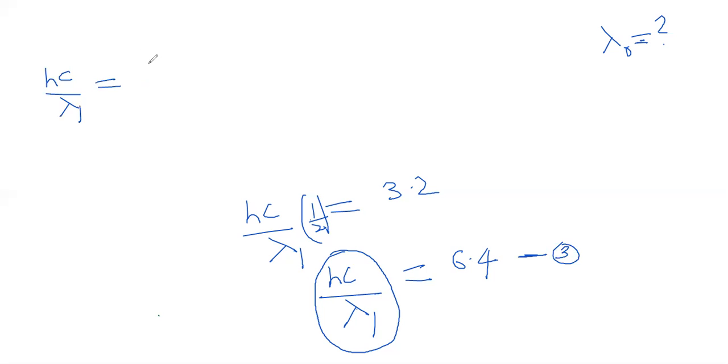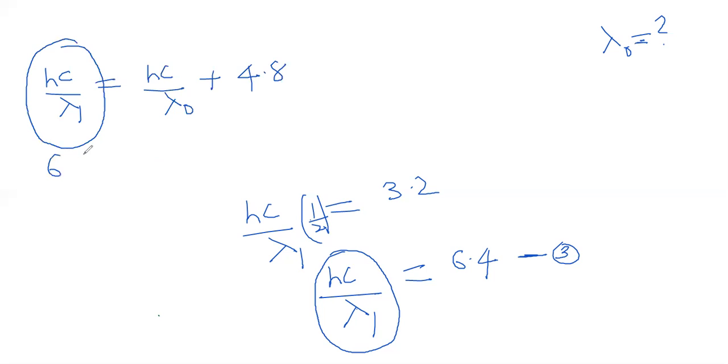Equation 1 is HC by lambda 1 is equal to h nu naught plus K1.